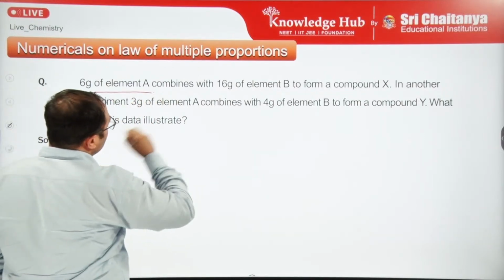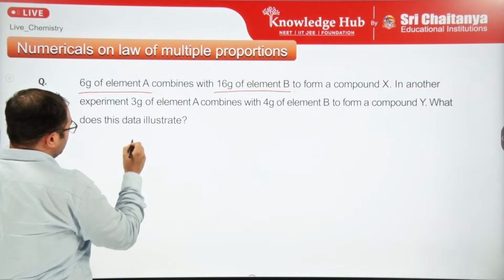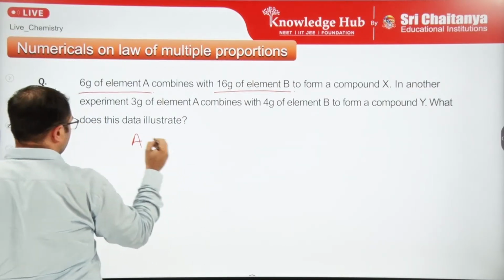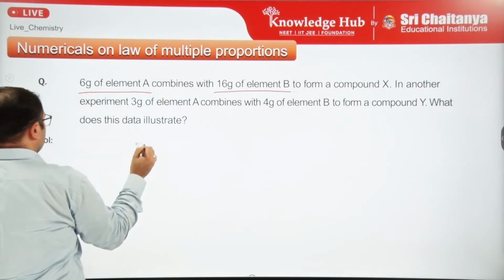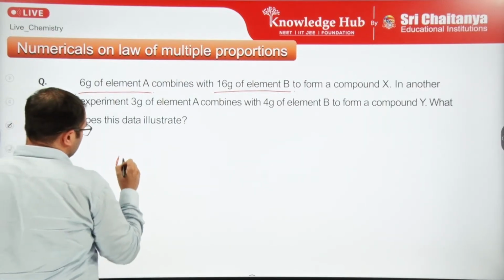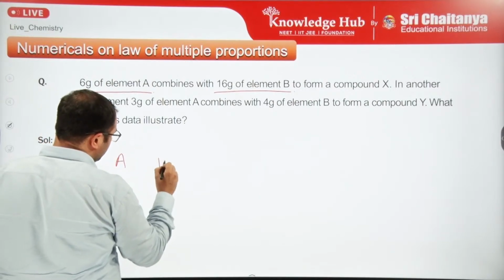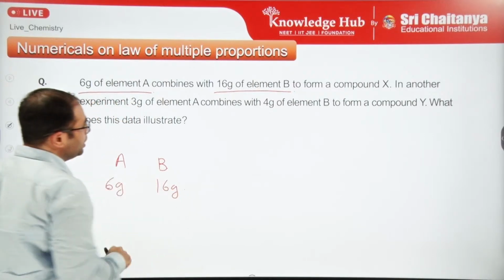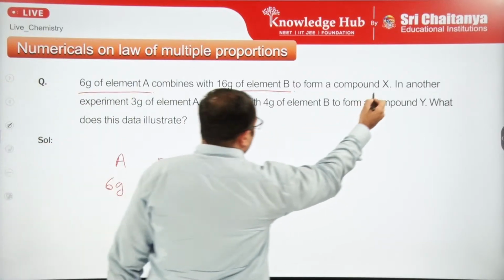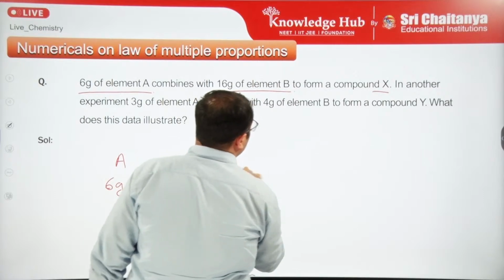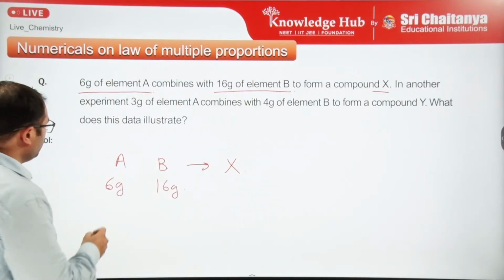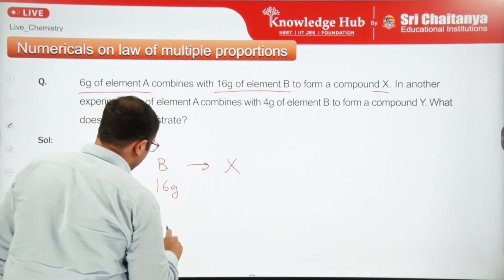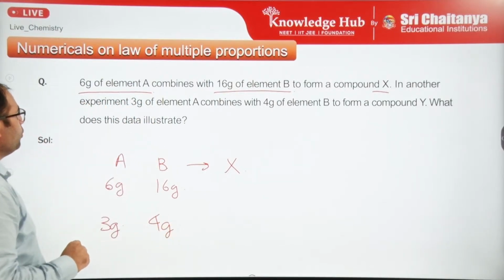So 6 grams of A combines with 16 grams of B. So you have A combining with B, 6 grams combining with 16 grams of B to form a compound X. In another experiment, you have 3 grams of A combining with 4 grams of B to form a compound Y.